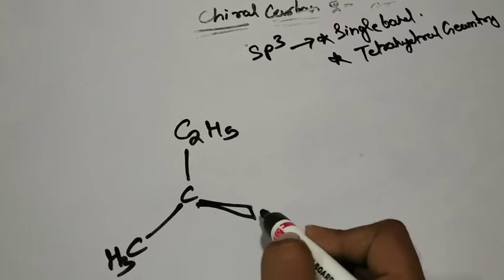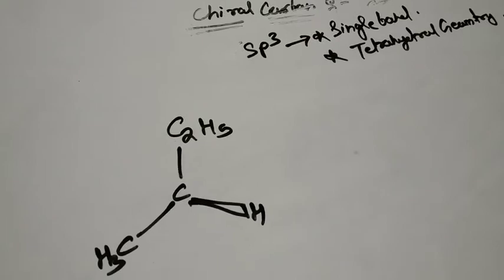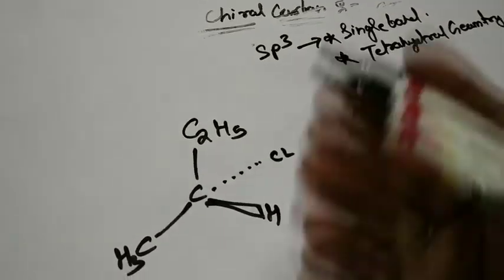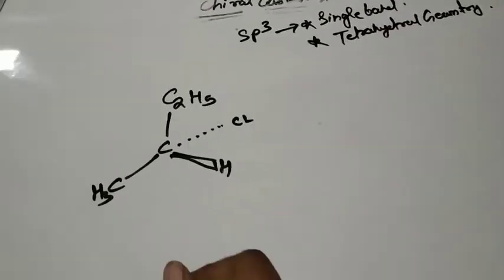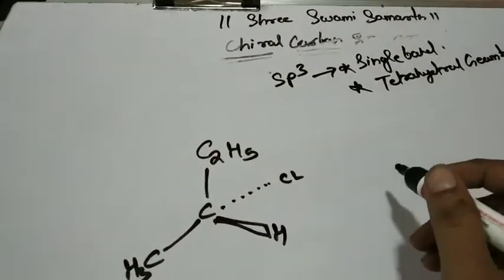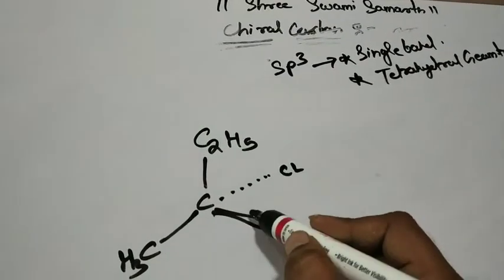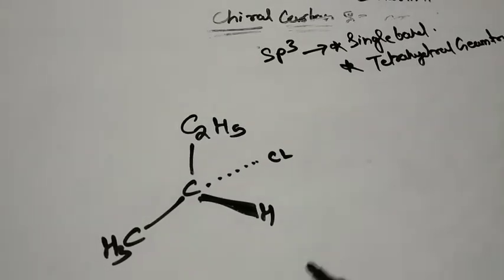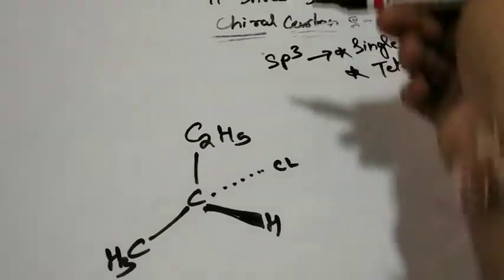This particular hydrogen will be towards yourself, and this particular chlorine will be on the back side, right? Are you understanding, my dear students? See, try to understand this. This wedged hydrogen is on your side and this chlorine is on the back side.